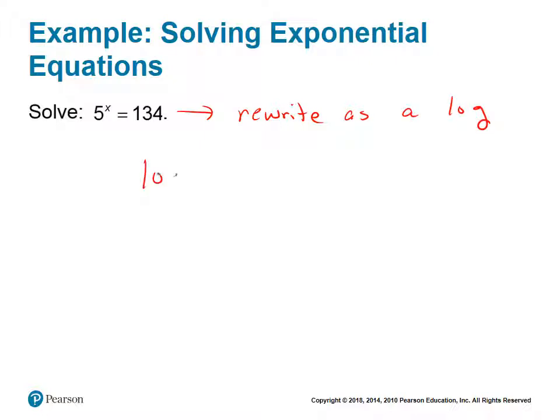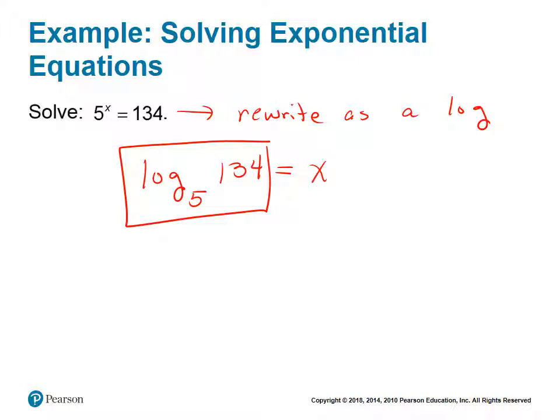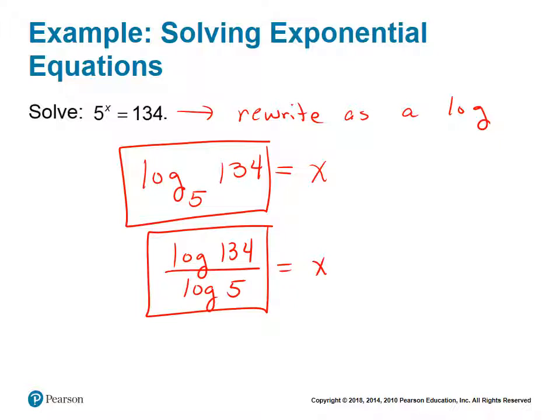So I would put log, the base is 5, the number is 134, and that's equal to the exponent x. Well, this technically is the answer. Now you could put that in your calculator as log 134 divided by log 5, and you could even get a decimal answer there.